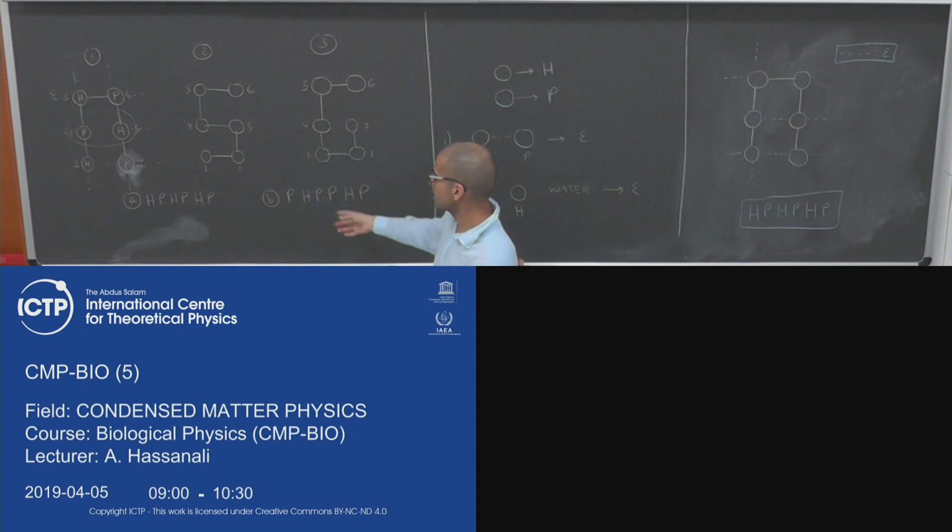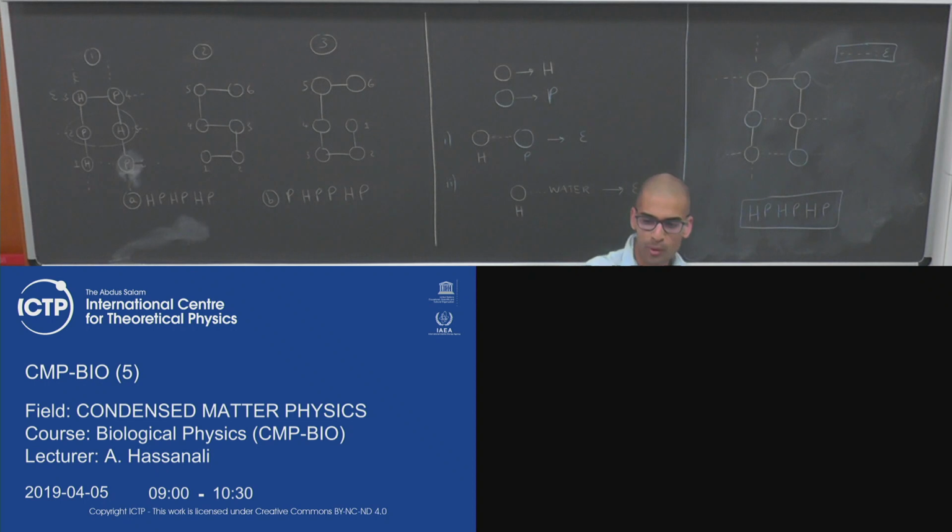What I like about this is it allows you to see in a very easy manner, just for 6 amino acids, a system which has the same number of polar and hydrophobic groups, you change the ordering, and you sensitively change the thermodynamic landscape. And this is what happens in biology.